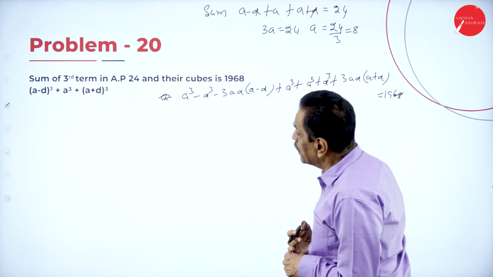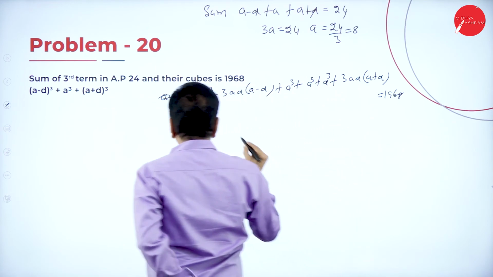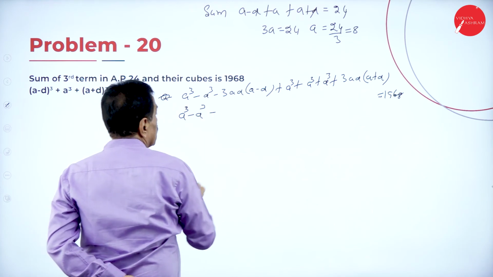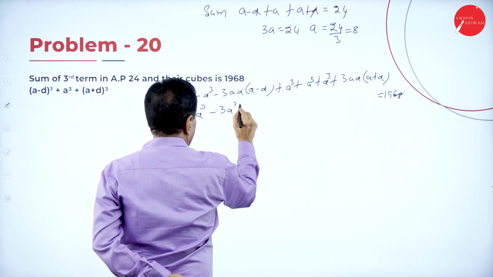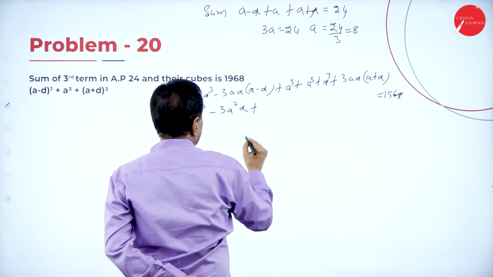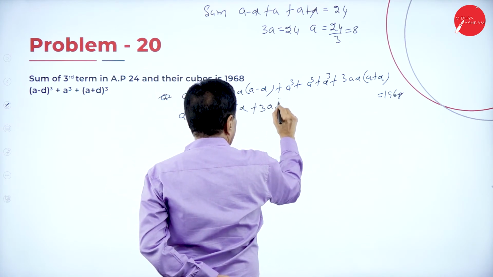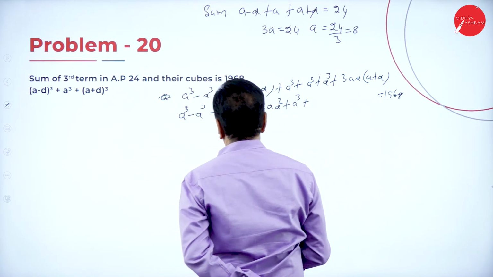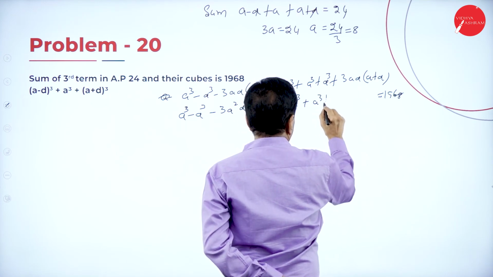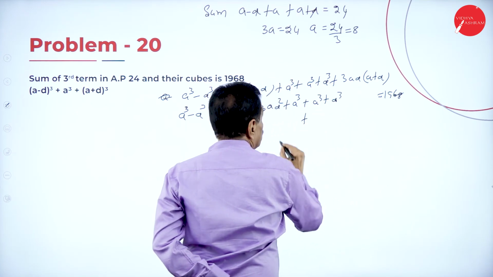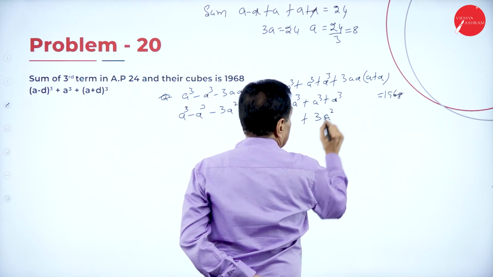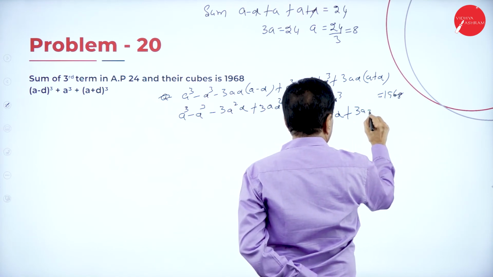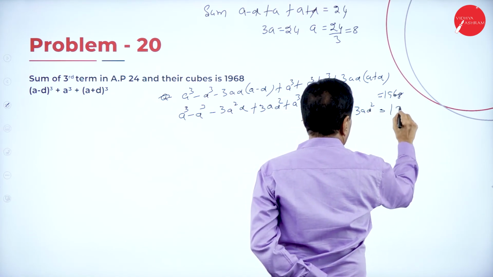Simplify: A cube minus D cube minus 3A square D plus 3AD square, plus A cube plus D cube plus 3A square D plus 3AD square, is equal to 1968.